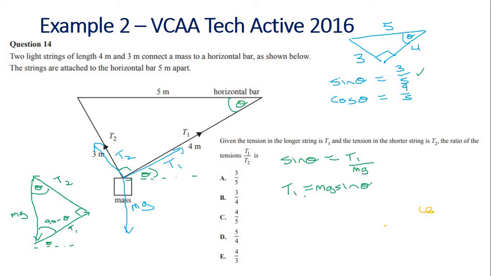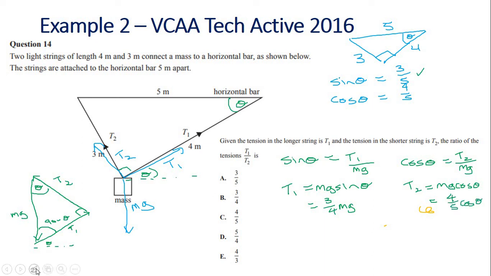We know sine theta is 3 over 5, so that's going to be equal to 3 over 5 mg. Cos of that angle theta is going to be equal to T2 over mg. So T2 equals mg cos theta, and cos theta equals 4 over 5.